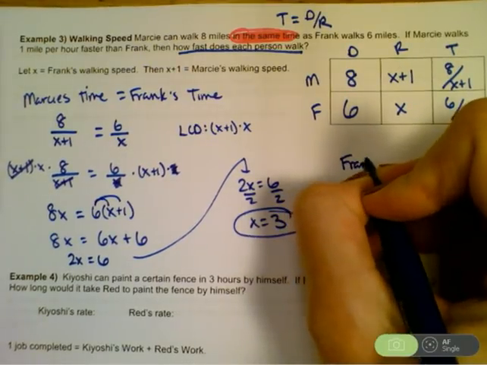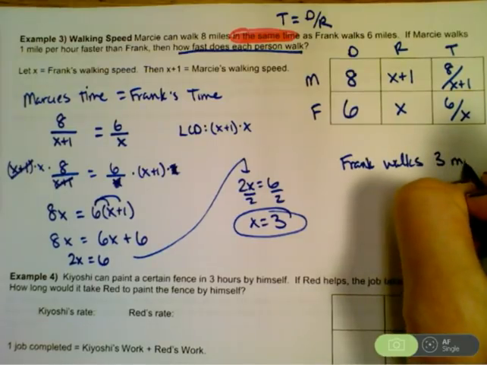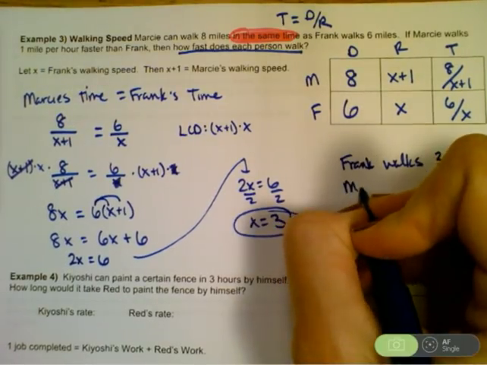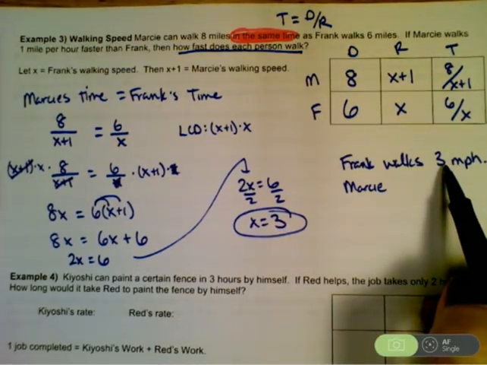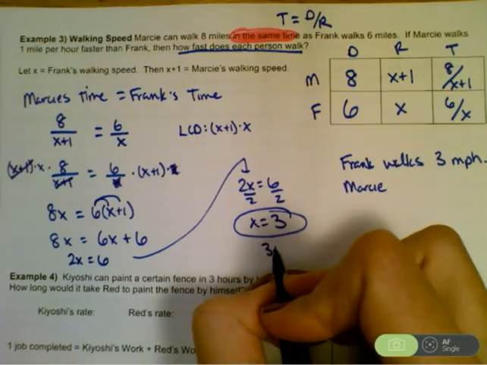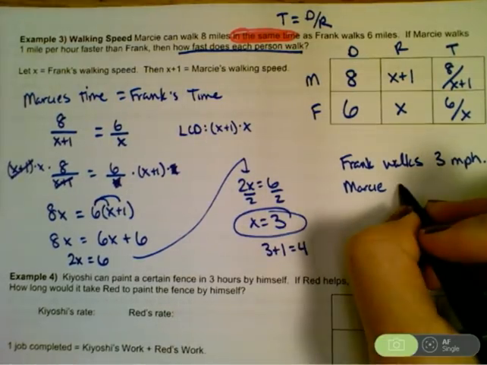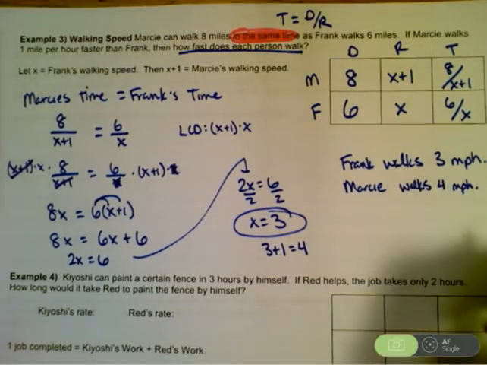So Frank walks 3 miles per hour. Marcy then, our m, well, it's whatever our x was, plus 1. So 3 plus 1 equals 4. So Marcy walks 4 miles per hour.